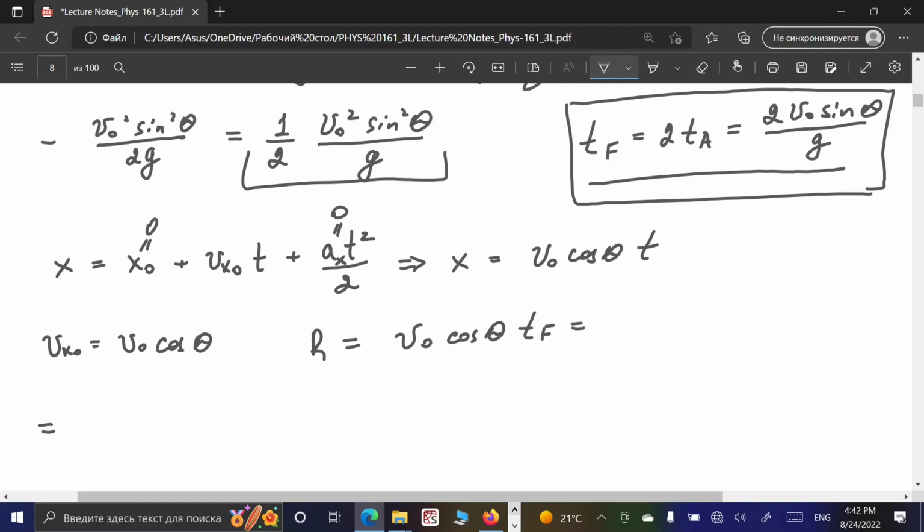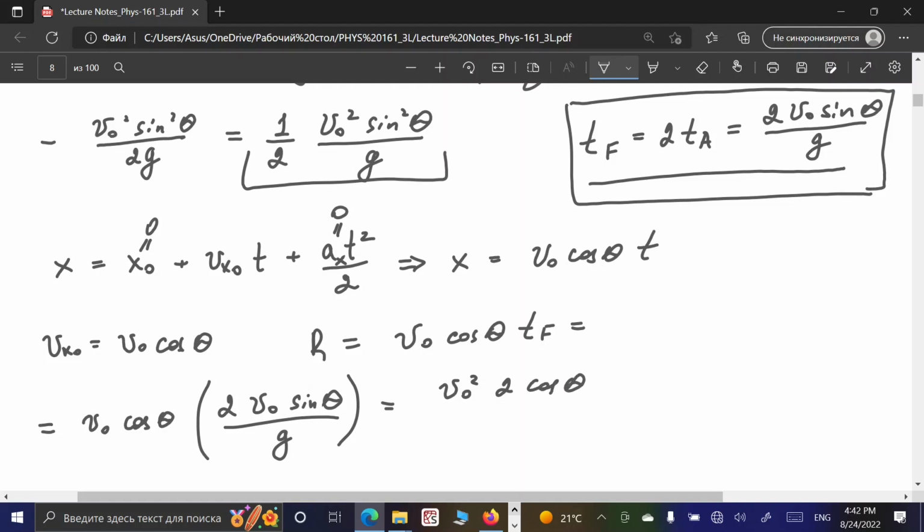It will be v naught times cosine theta times 2 times v naught times sine theta divided by g. So what do we have here? We have v naught squared times 2 cosine theta times sine theta divided by g.